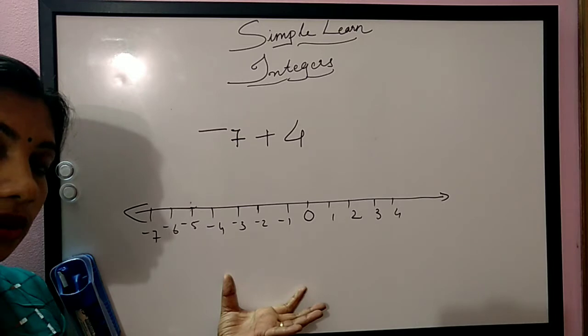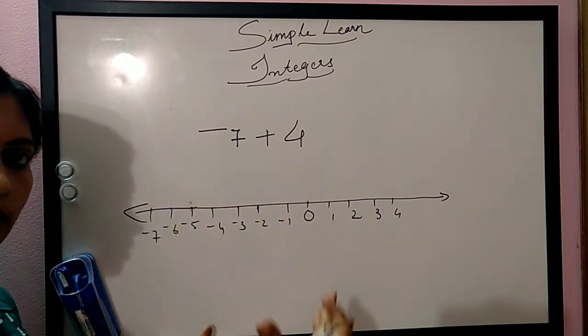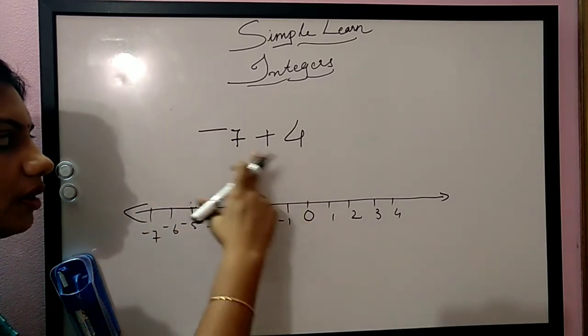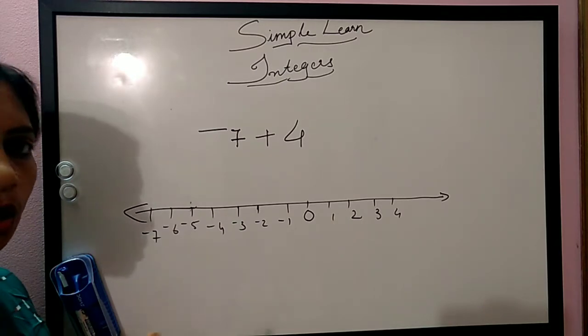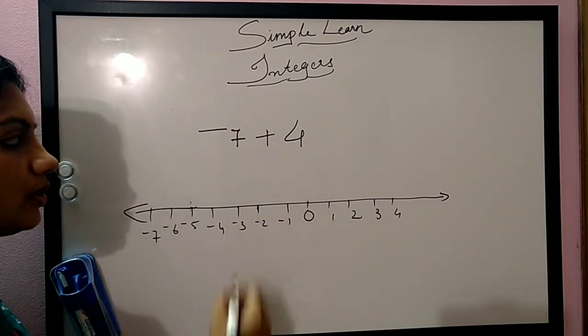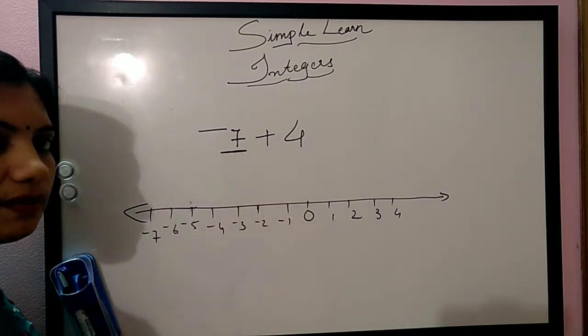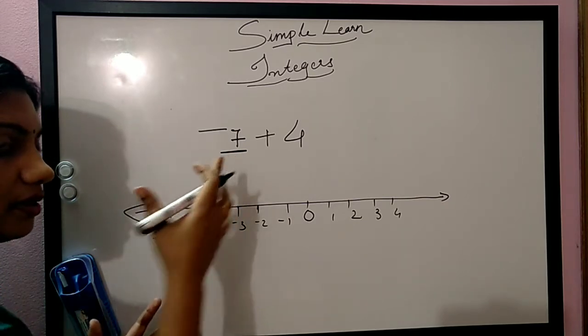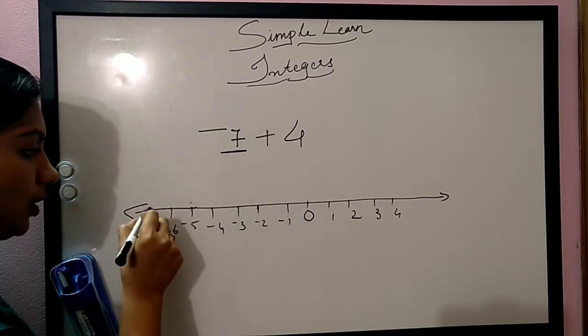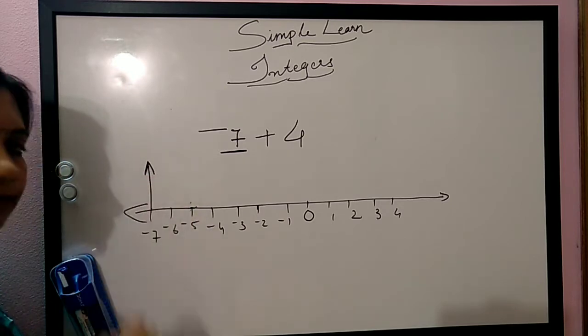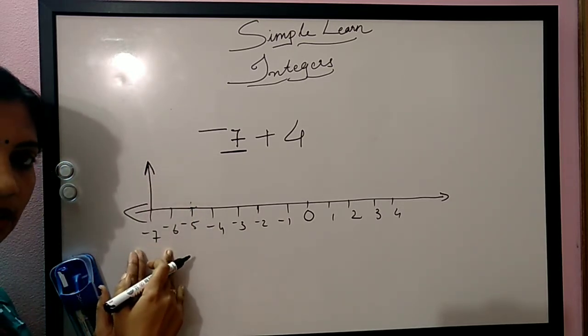Now we have learned how we jump to the right or the left. When you get these two numbers, you take this negative 7 first. You are standing on negative 7.